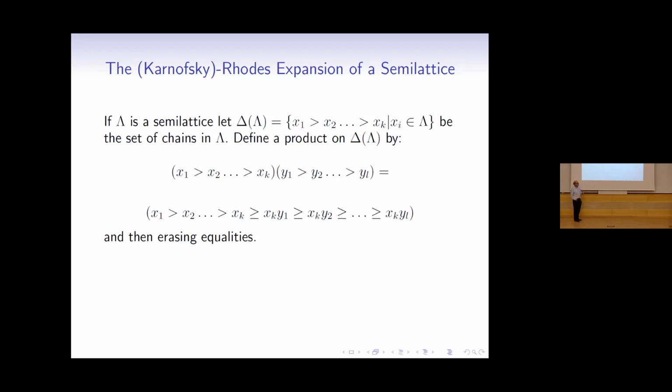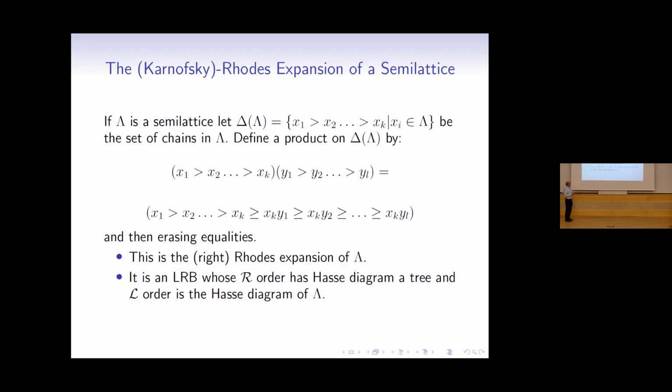So here's a left regular band. This is called the Rhodes expansion. One-sided, you can obviously have a dual idea. It's an LRB, a left regular band. Not too hard to show, but it's kind of a multiplication on chains that shows up in the butterfly level.